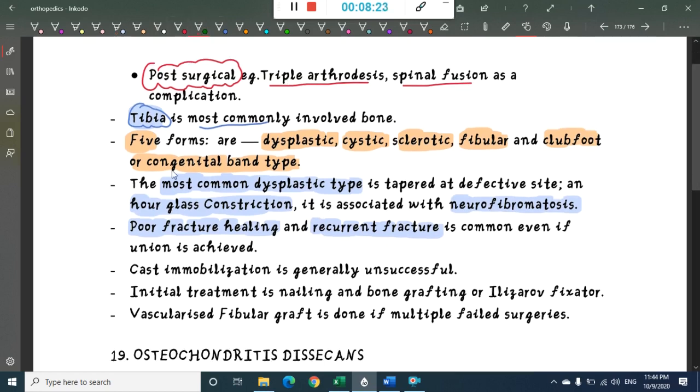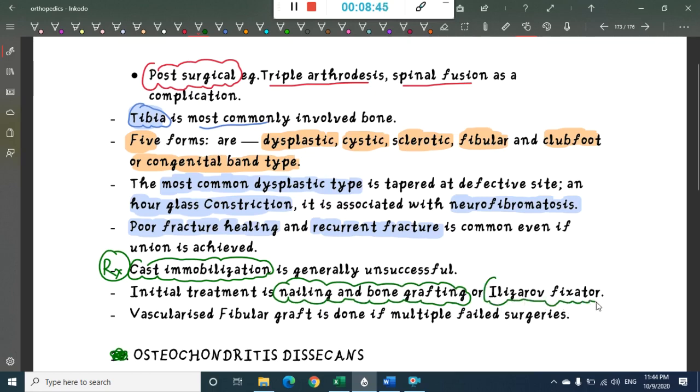Okay, if you see the treatment, cast immobilization is not successful. You can't rely on cast immobilization. What is the initial treatment which is necessary? The initial treatment includes nailing and bone grafting, or you can put an Ilizarov fixator.